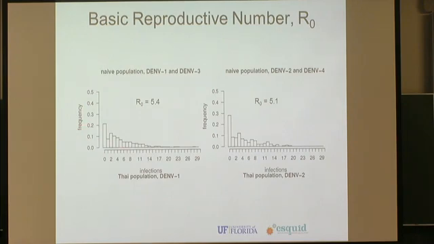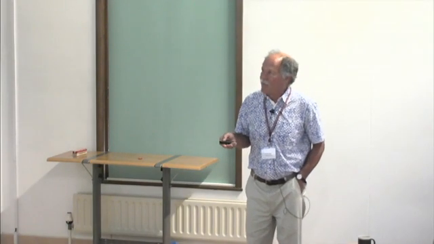This shows the distribution, whose mean is the basic reproductive number. It turns out for serotypes 1 and 3, it's about 5.4, and for serotypes 2 and 4, it's 5.1. So this is estimated empirically from the fitted model.